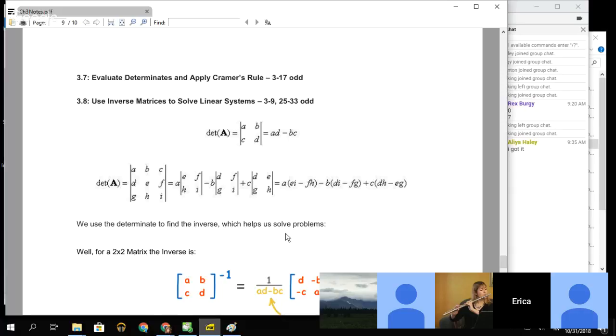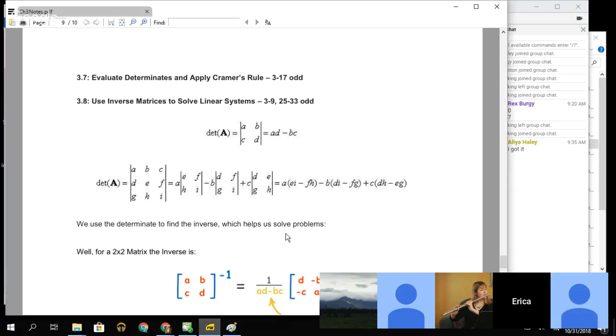And the inverse lets us solve equations an easier way than by hand in 3.4. It lets us solve equations using matrices. Okay, so I want to let you know why we're learning all these things. I'm not just telling you what the determinant is, what the inverse is. It actually kind of helps us build up to the point of being able to solve equations.